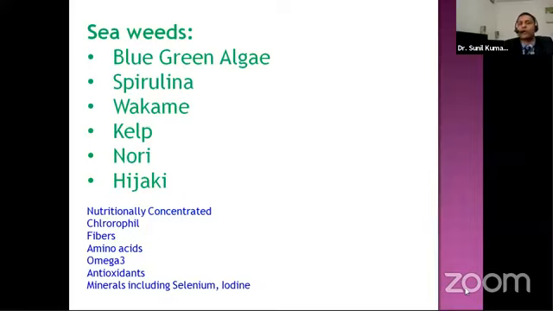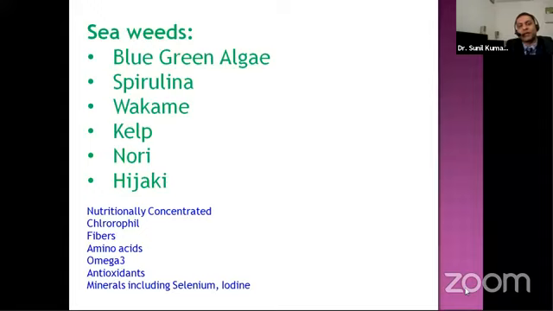So let's go about these green foods. We know about wheat and barley grass, but we don't know about many other things that are called seaweeds, like blue-green algae you can see on the screen, spirulina, wakame, kelp, nori, hijiki. All these are called seaweeds. These are used basically in Japanese foods. If you go to Japanese restaurants, they wrap the rice into a green film.